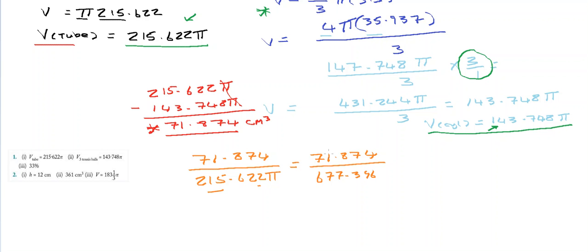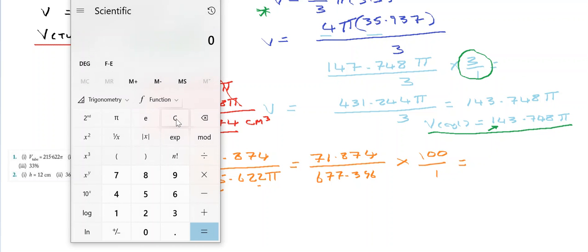Then we want to divide the top into the bottom, and then you multiply this by 100 over 1 to make it a percentage. So it's going to be 71.874 divided by 677.396, equal to that.